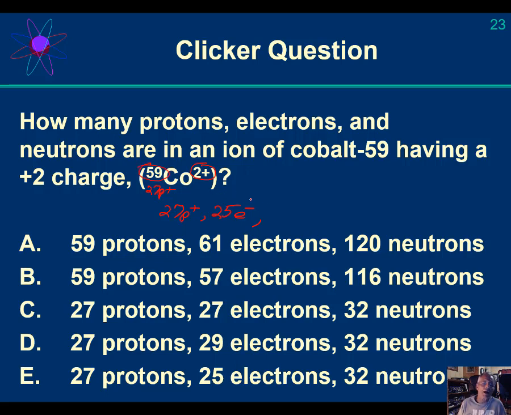We haven't changed the isotope, so it's still going to be 59 minus 27, which gives you 32 neutrons. So in this case, we've got 27 protons, 25 electrons, 32 neutrons, and E would be our answer.